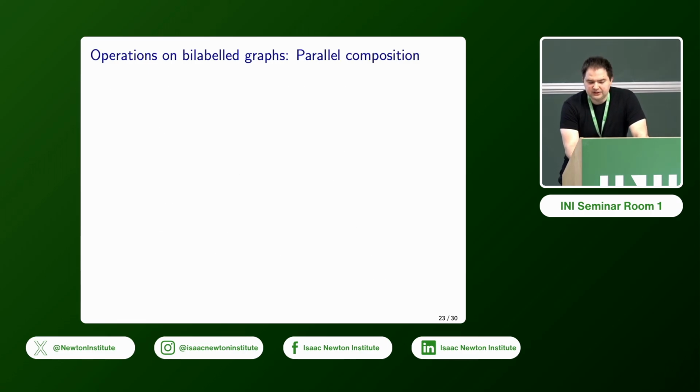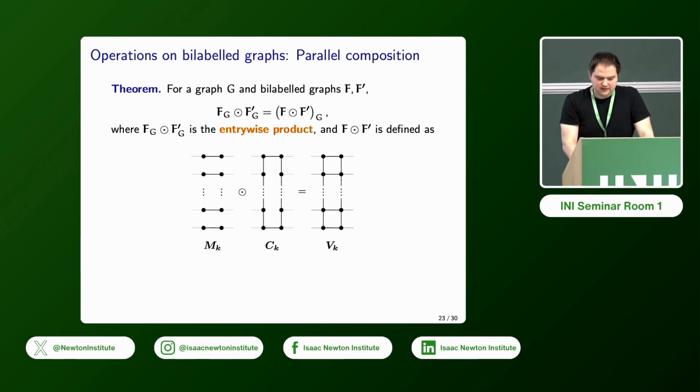Then another operation is parallel composition. You can think of the parallel composition as taking one graph here, which is a matching, and taking this cycle and putting them on top of each other. And you get this kind of ladder.